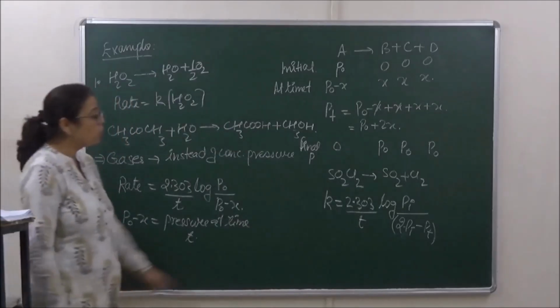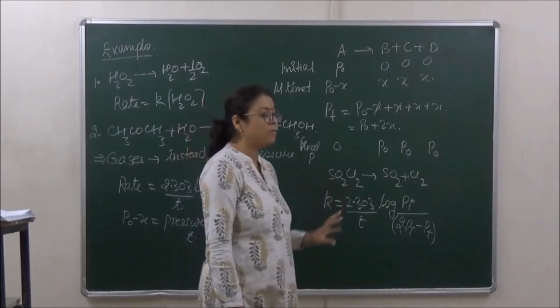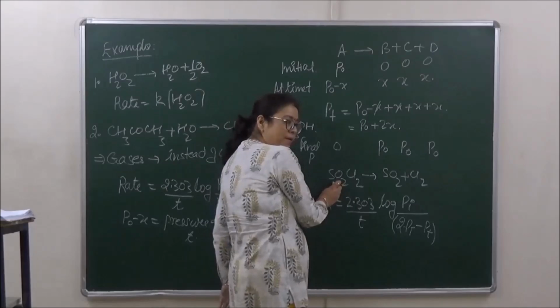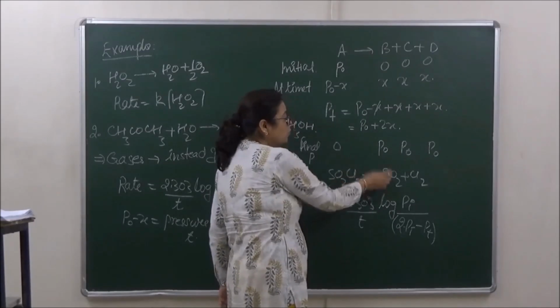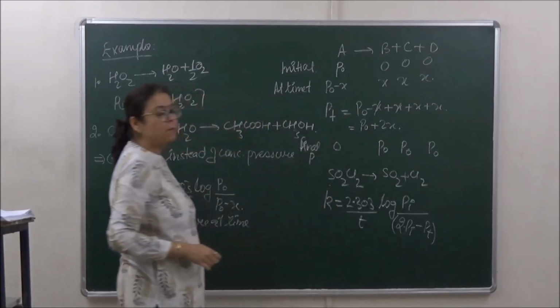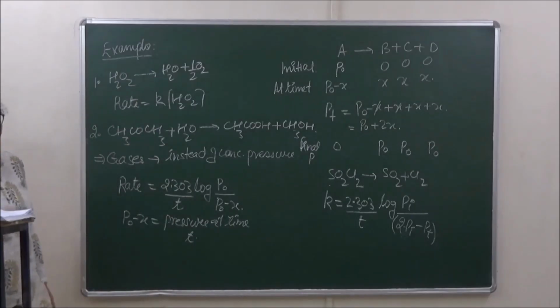But this is only true if the number of moles in the reactants and products is going to be the same. If there is 1 mole over here, ठीक है, but here it would have been 2. So 1 and 2, then you have to use this method. You need to calculate P total by the above method. ठीक है? Have you understood?